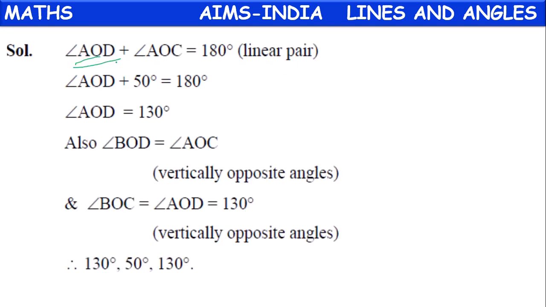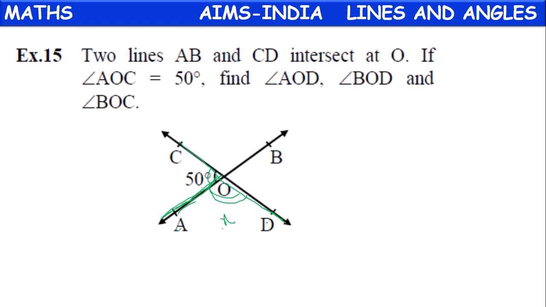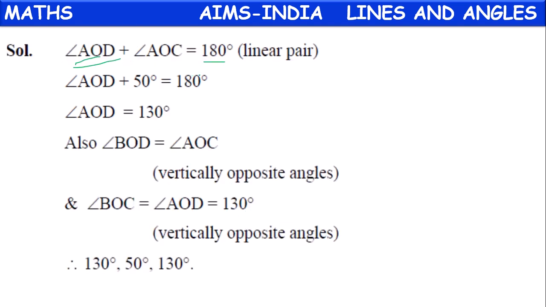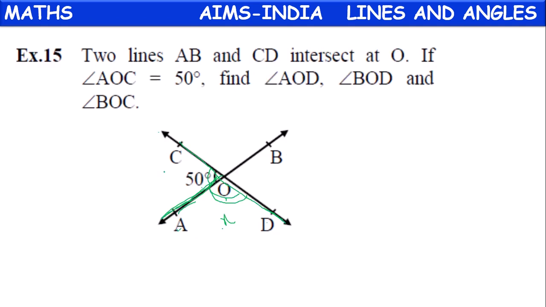So AOD and AOC equal 180 degrees because of the linear pair. AOD we don't know, AOC is 50 degrees, 180. Then AOD will be 180 minus 50, 130 degrees. So on this side we have got 130 degrees.